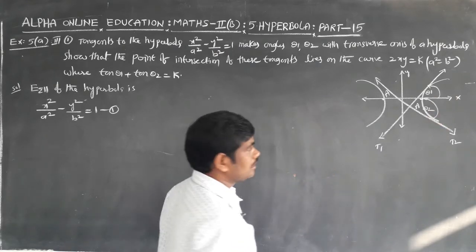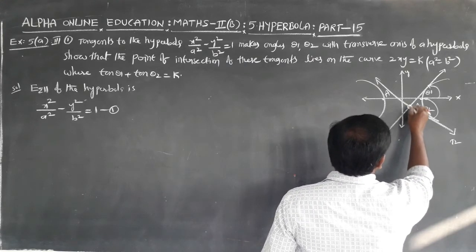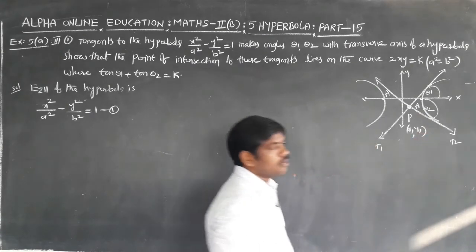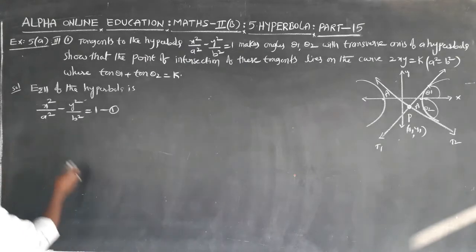Then show that the point of intersection of the tangents. Let P of x1 comma y1 be the point of intersection of the two tangents.